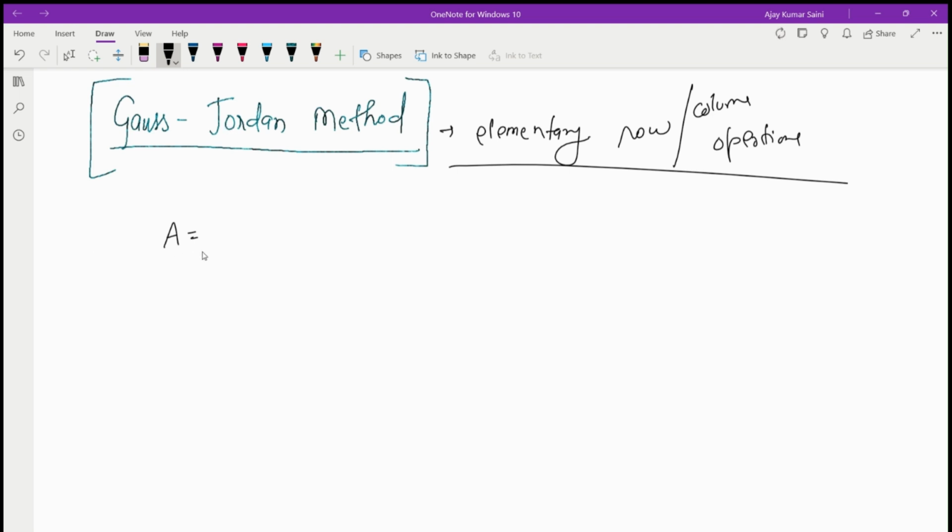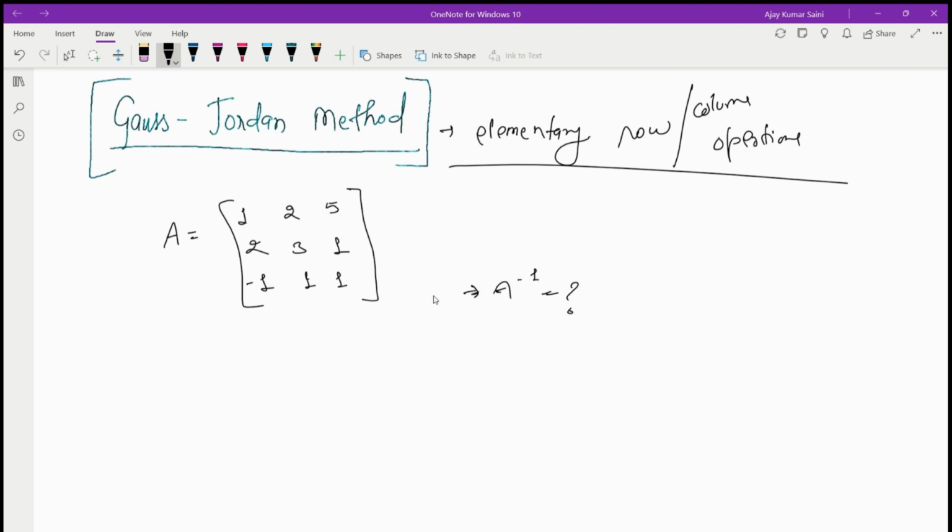Okay, so now see, this is a matrix: 1, 3, 1, 2, 5, 2, 3, 1, minus 1, 1, 1. Okay, so I need to find the inverse of that matrix.